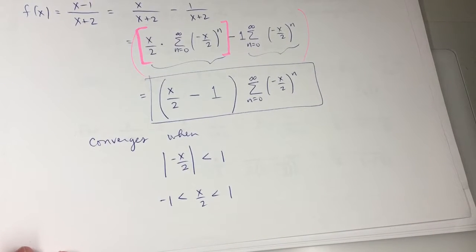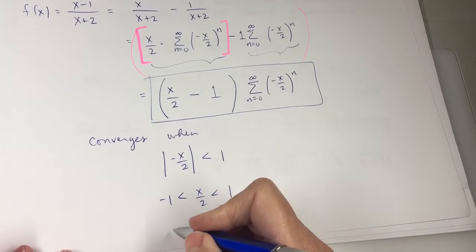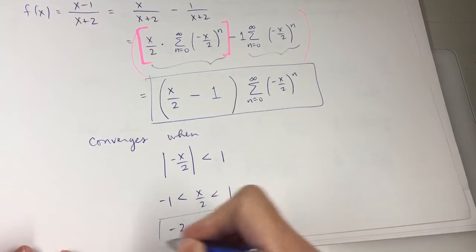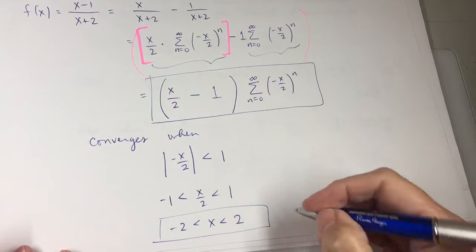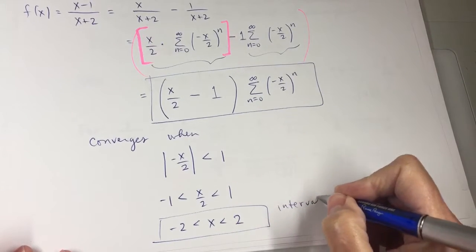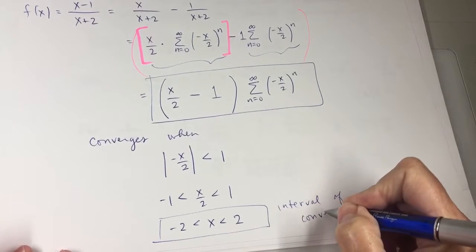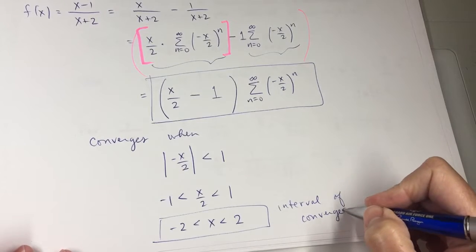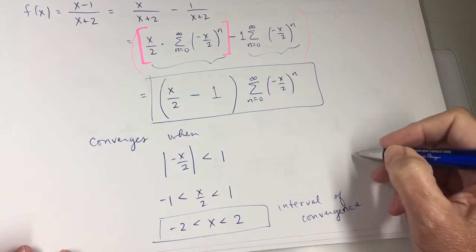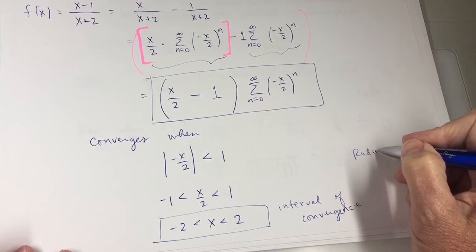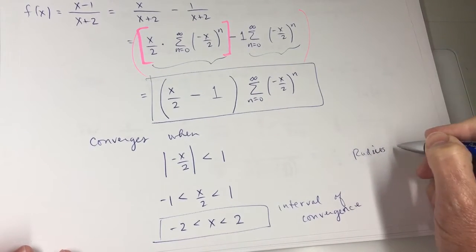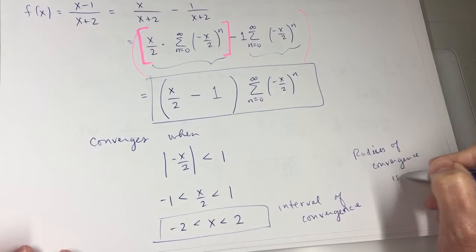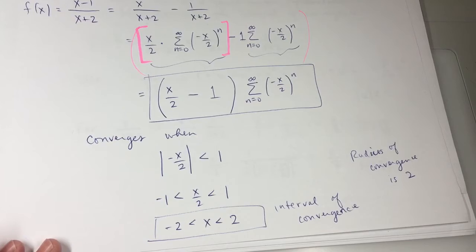And then multiply everything by 2. So negative 2 is less than x is less than 2. That's the radius. No, that's the interval of convergence. What's the radius? The radius of convergence is 2. Okay.